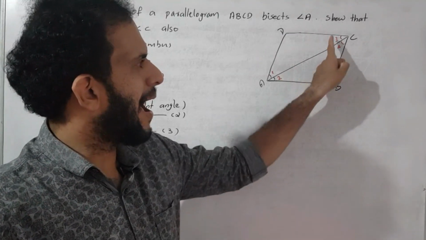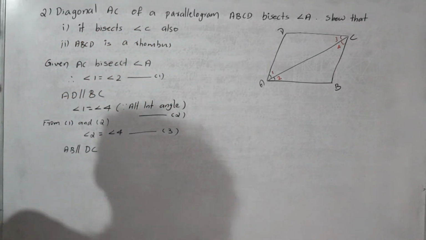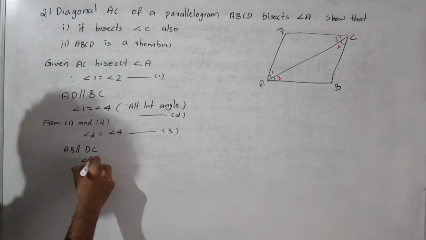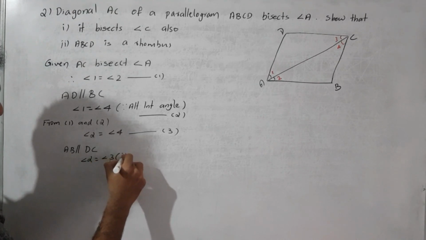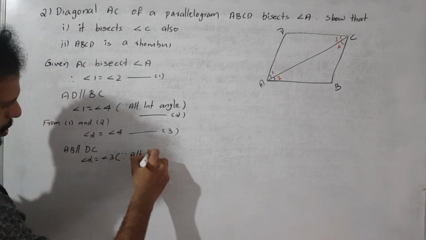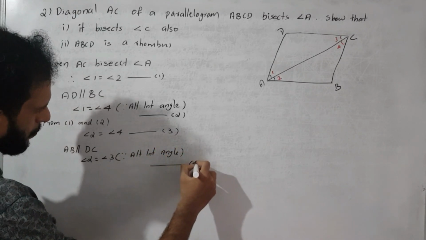Angle 2 and angle 3 are alternate interior angles, so angle 2 is equal to angle 3. Why? The same reason, since they are alternate interior angles. That is equation 4.